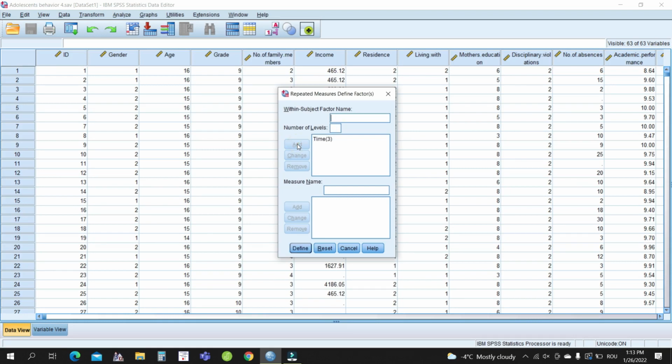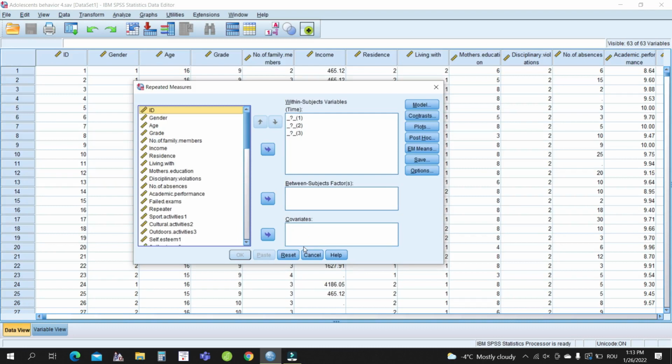Now we have to define the variables from our model, so I will click on Define. In this new window, in the left side we have a list of all variables from our database, and in the right side we have an area called Within Subjects Variables, which in our case is time.